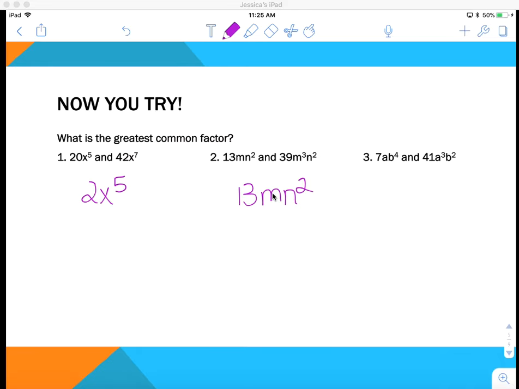I can take 1m from both of those, and the greatest number of n's I can take is 2 from each. Now, on number 3, there is not a number in common that can go into both 7 and 41. When that happens, you can divide both of them by 1. I can take an a from each of those, and I can take b squared from each of those. If you wrote number 3 as just ab squared, that works too.